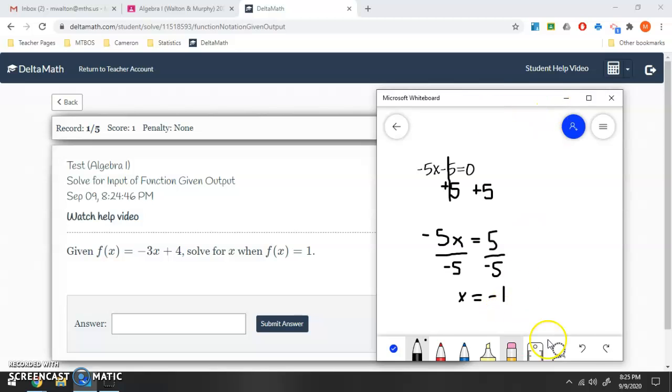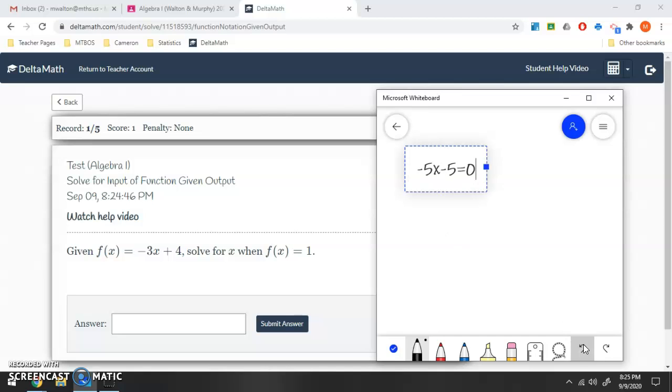All right, so let's go over this problem. I'm going to type this out. Writing was a little difficult. So I'm looking for, when is negative 3x plus 4 equal to 1? The first thing I would probably do is subtract 4 from both sides. When I do that, I get negative 3x.